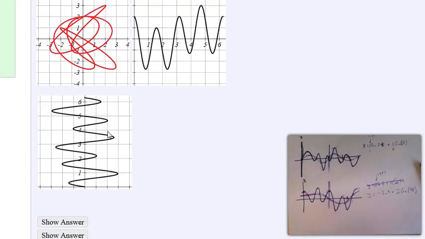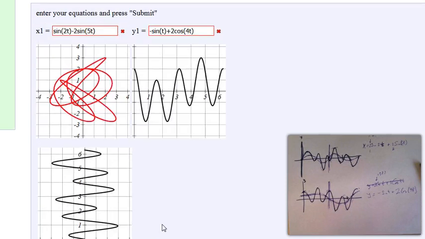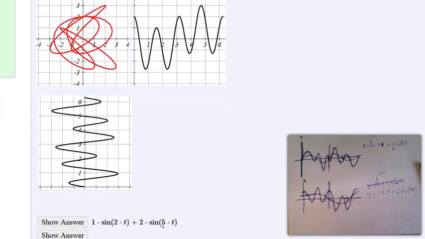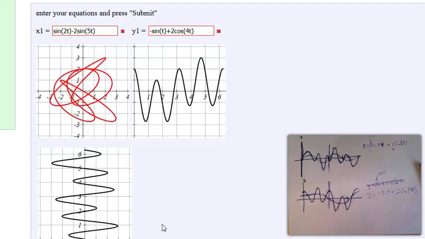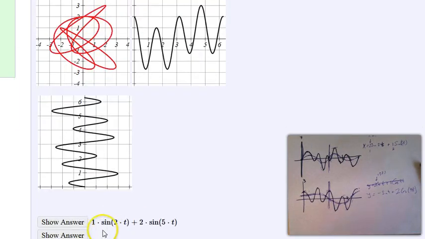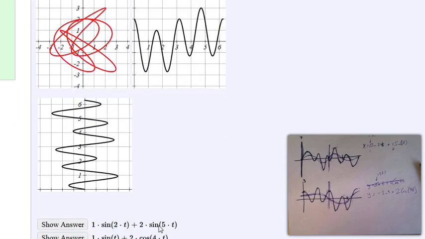If I look at what answer they show, they've got a sine t plus 2 sine 5t, or I had a sine 2t minus. Huh. And then just comparing their answer here, sine plus, yeah.